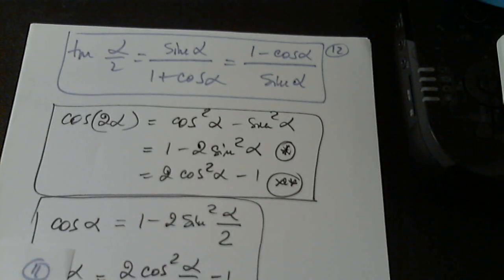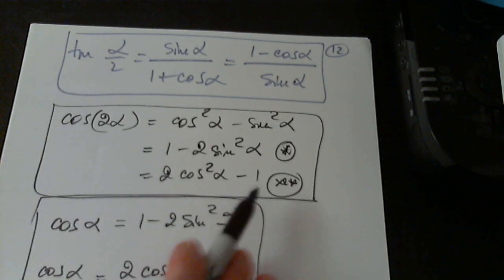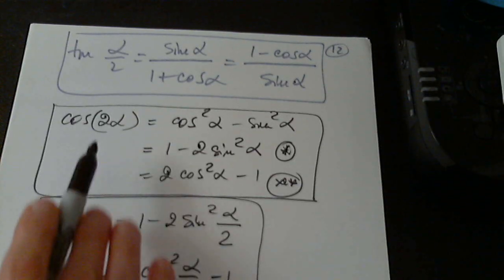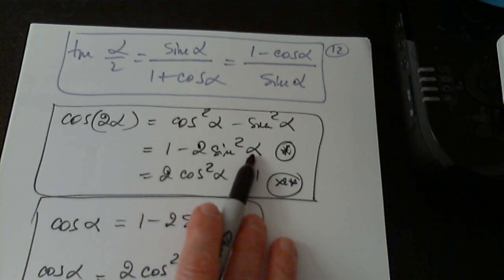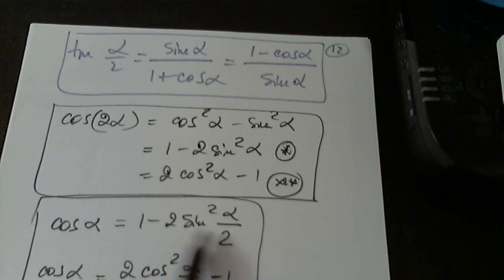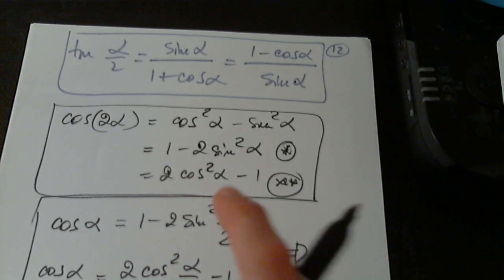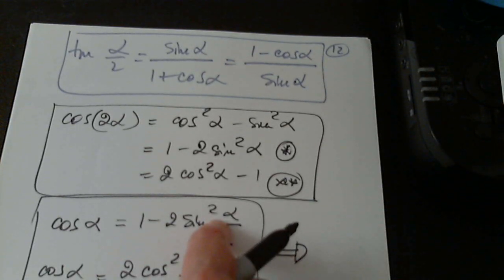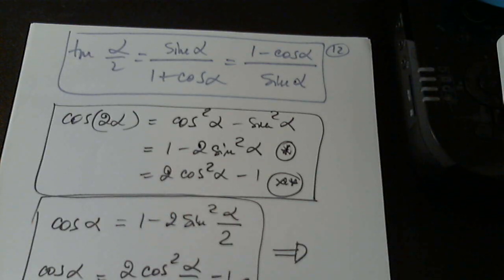Then I used a little trick. This is true for any angle, as long as this is double of this. From here, we will solve for sine squared first, and then for sine, and the same thing here.